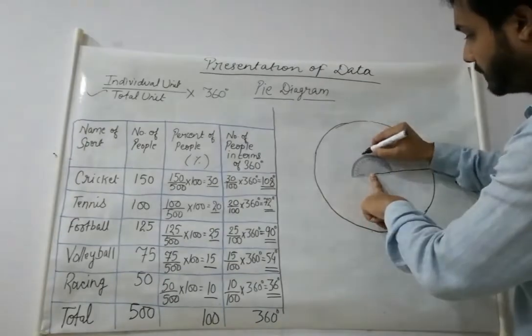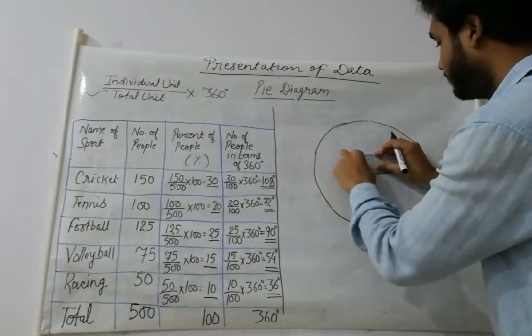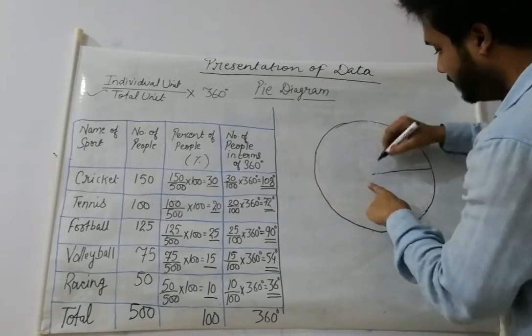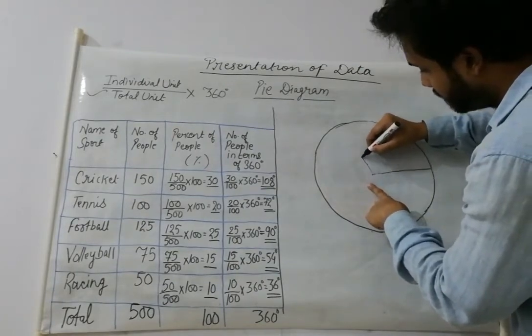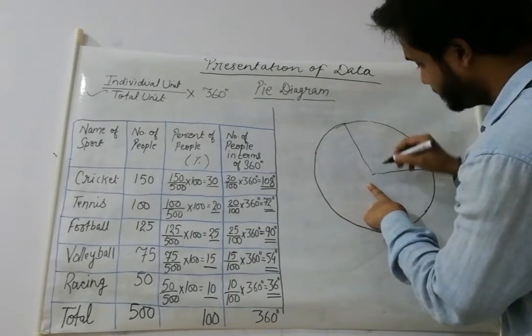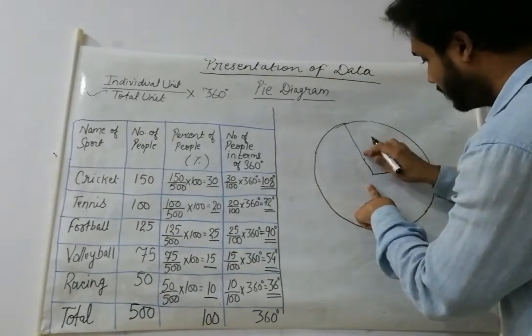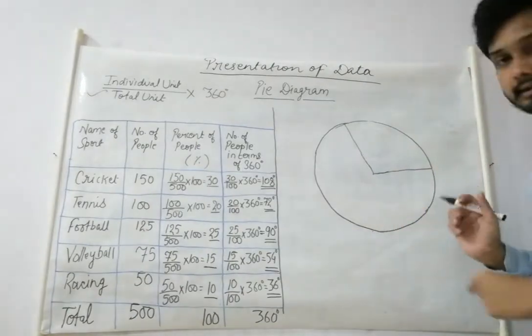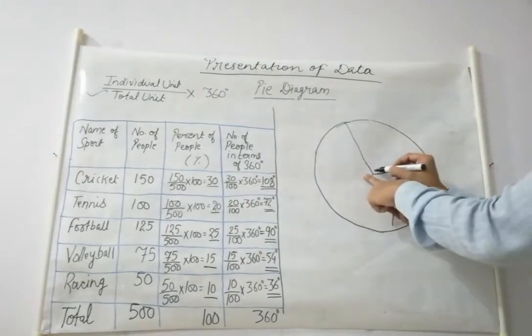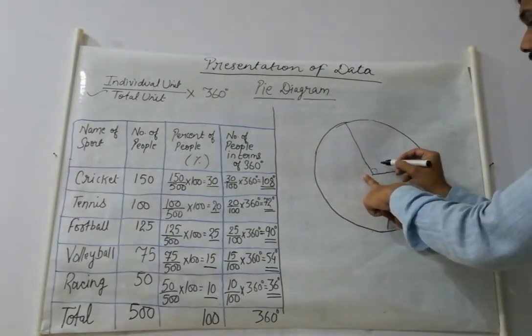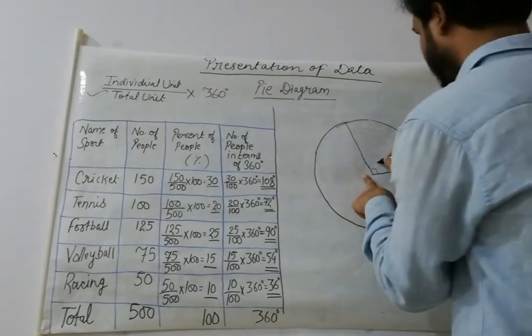So just make a point here and then with the help of scale draw a straight line like this, okay. So that will denote 108 degrees. This angle which is made, it will be your 108 degrees.